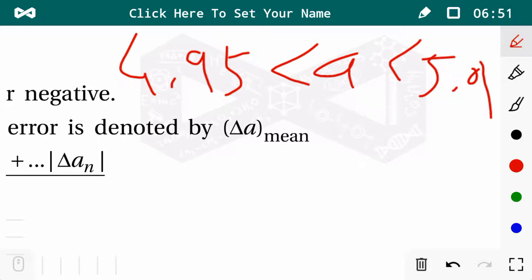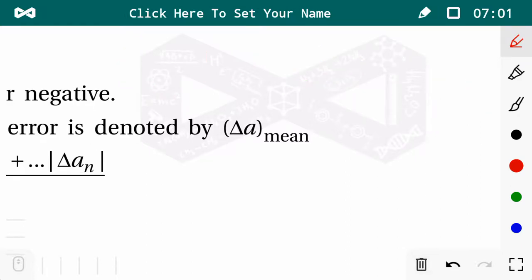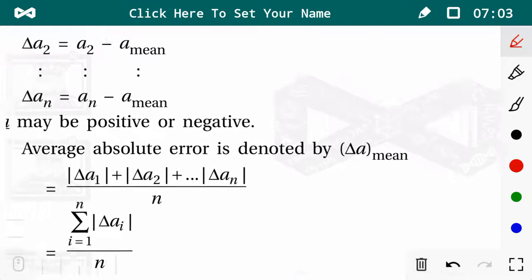So your true value must be A bar minus delta A bar less than A less than A bar plus delta A bar. This is the estimation of your true value.